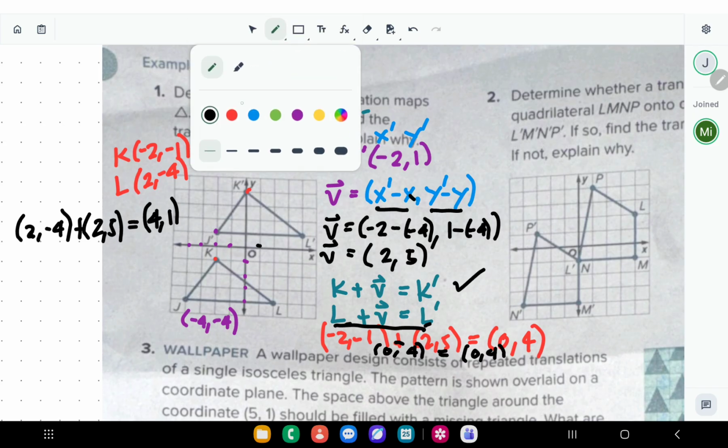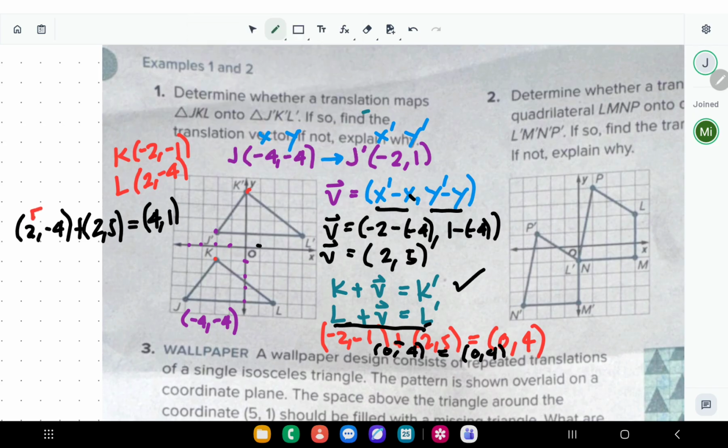Okay, so let's add. 2 plus 2 is 4. -4 plus 5 is 1. So they are equal. So the answer here is yes, the translation maps triangle JKL. The answer here is yes, and the translation vector is this one.